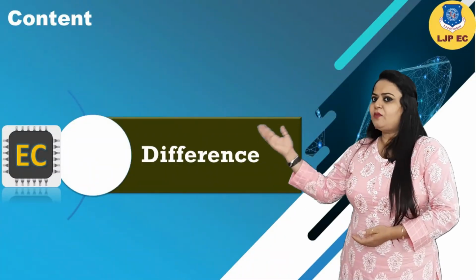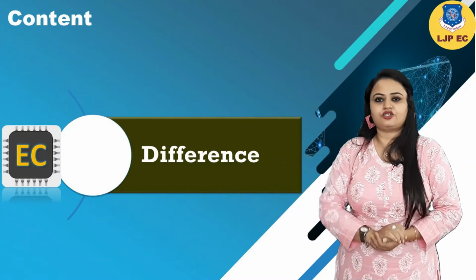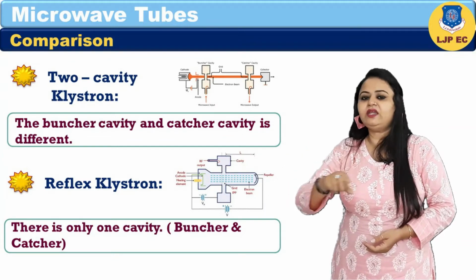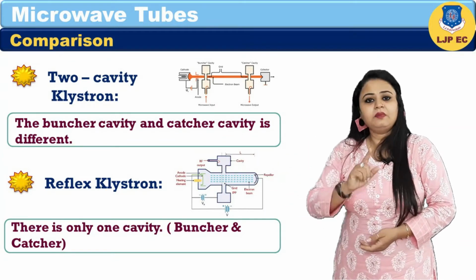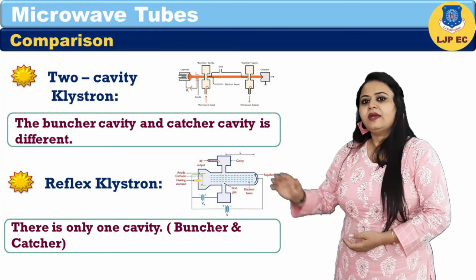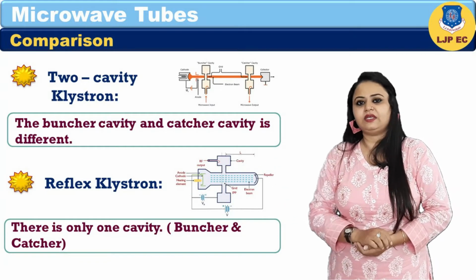Now let us see some of the differences between two cavity klystron and reflex klystron. Two cavity klystron has a buncher cavity and a catcher cavity, but in reflex klystron there is only one cavity, and this cavity works as a buncher cavity as well as a catcher cavity.